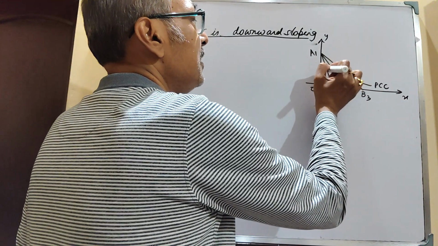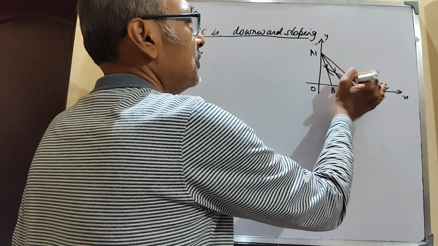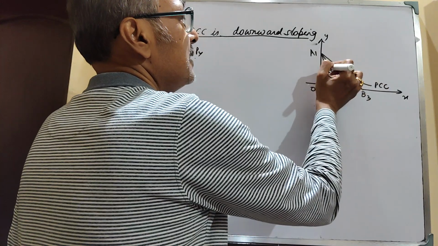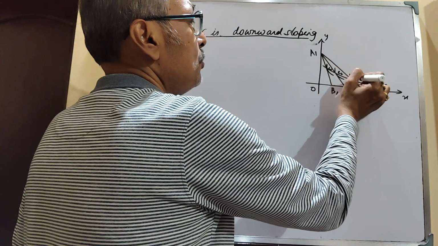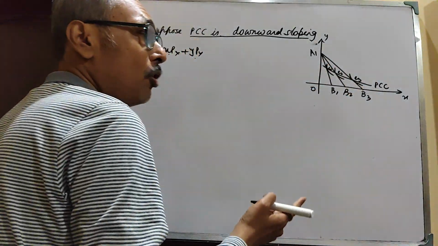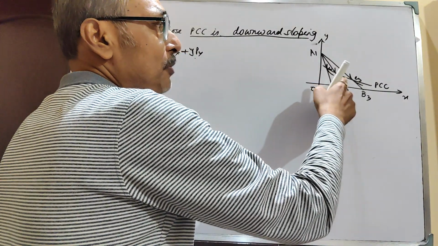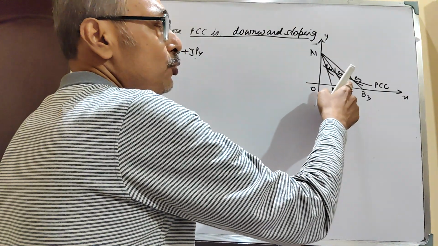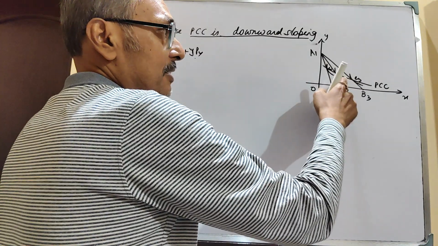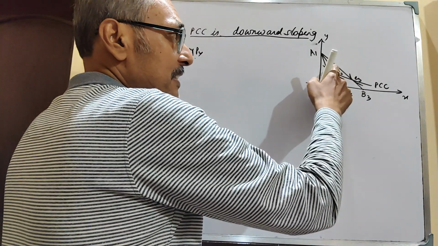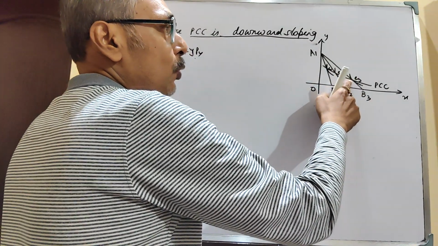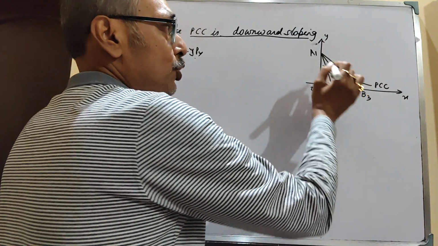Now, this is the equilibrium point. This is E1, this is E2, this is E3. Look, I am drawing in the reverse way. First we draw the PCC and then we plot the equilibrium. It is easy to draw. If I draw the indifference curve first, then taking the locus, it will be difficult to draw.